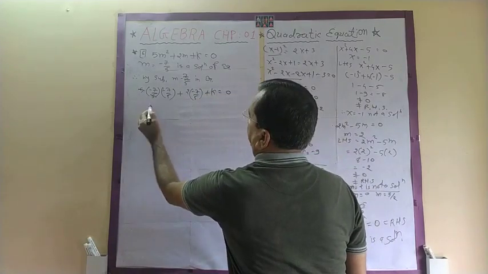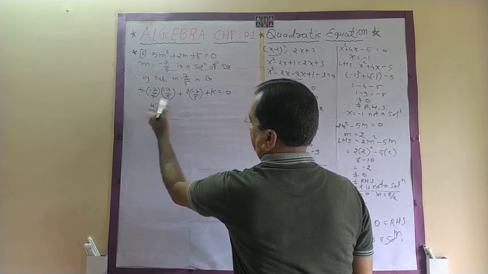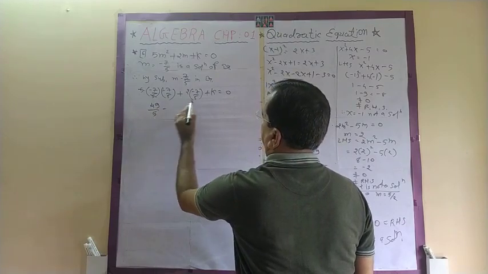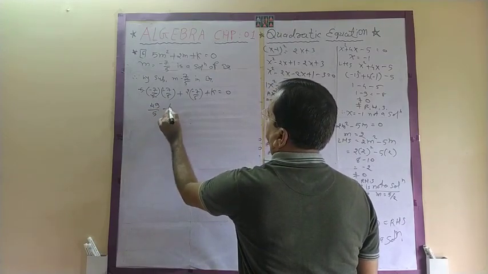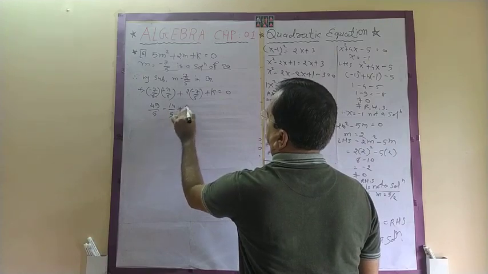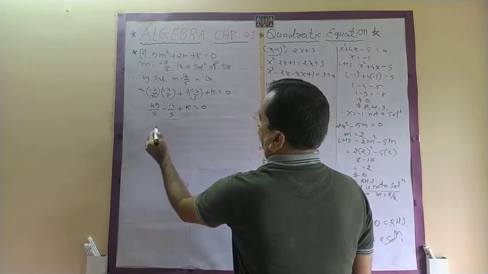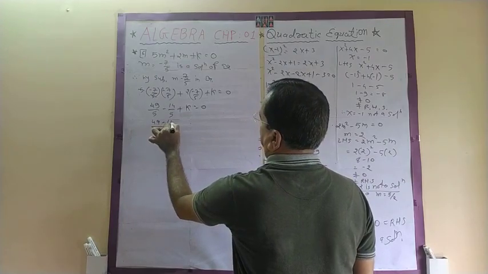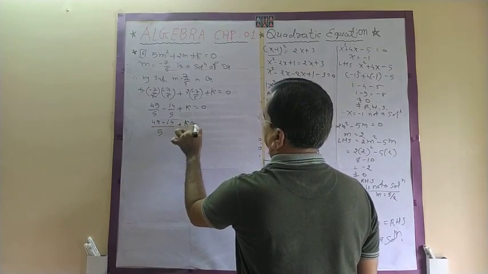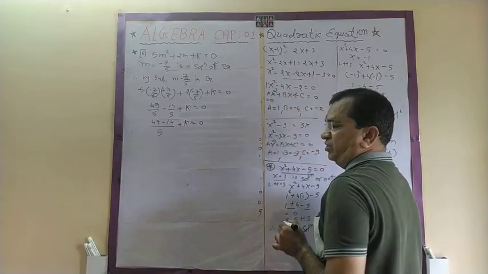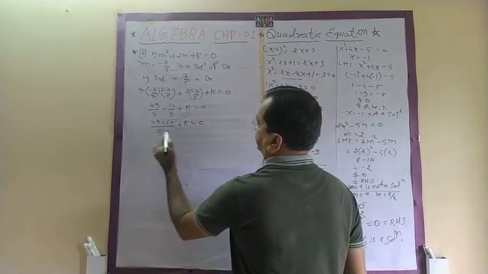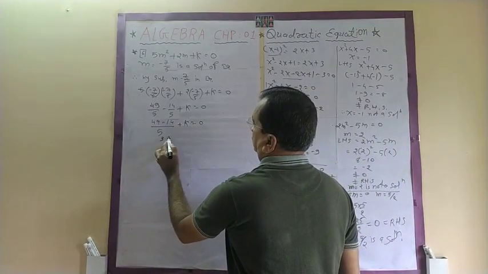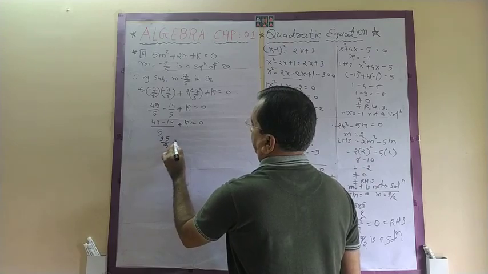5 will cancel, minus 49 plus minus plus. 5 common, 49 minus 14 plus k, 49 minus 14 is 35 by 5 plus k.